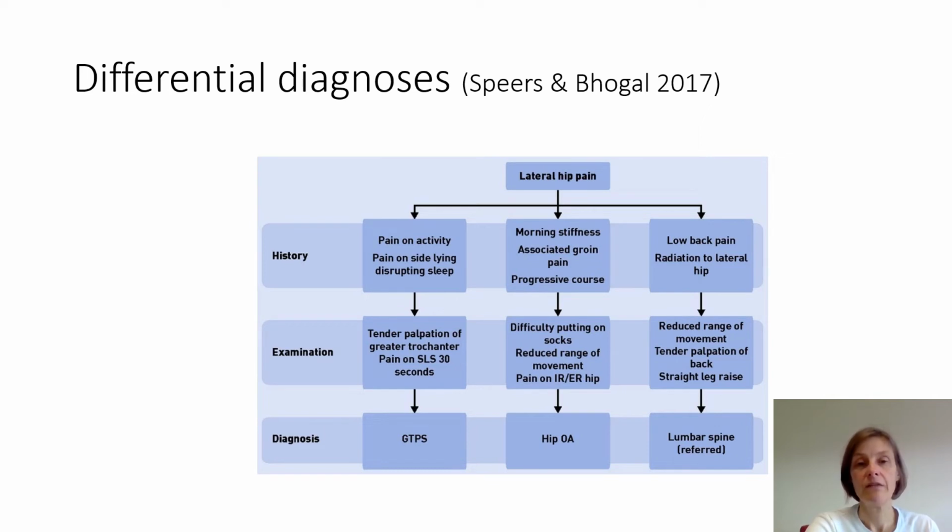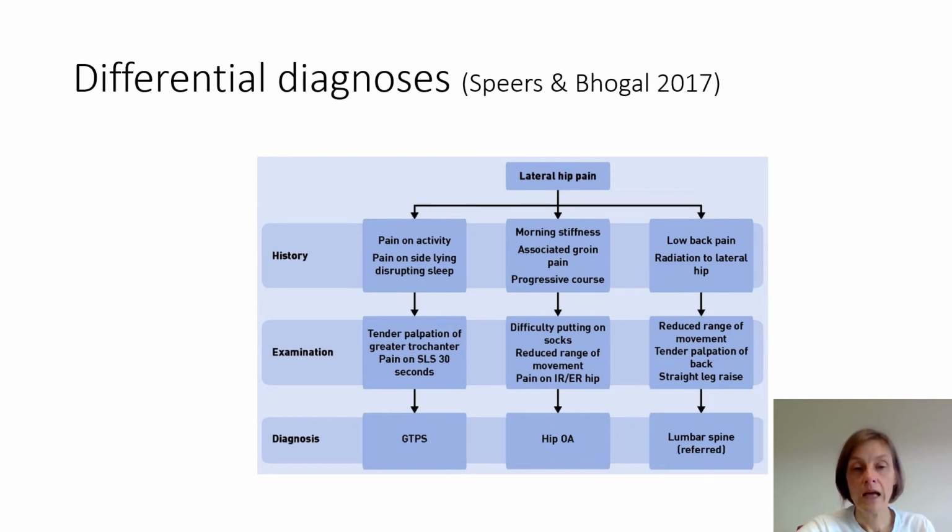And very specific palpation of the greater trochanter causing pain, in fact it's called the jump test in some circumstances, it can be that tender. Press on the greater trochanter and the patient jumps off the bed, then it's more likely to be GTPS. Pain on straight leg raise for 30 seconds is also a sign, and all those things together are thought to lead to a differential diagnosis of GTPS. Whereas reduced activities of daily living, overall reduced movement, and pain on internal and external rotation of the hip is more likely to be OA.